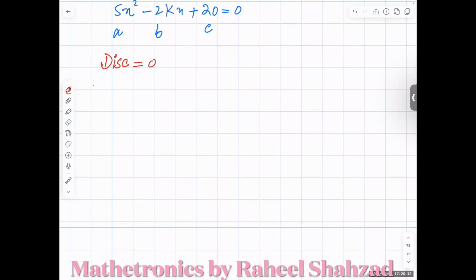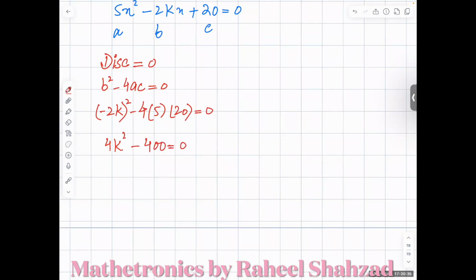So we have b square minus 4ac is equal to 0. That would be minus 2k, b square, minus 4ac is equal to 0. That would be 4k square minus 400 is equal to 0.